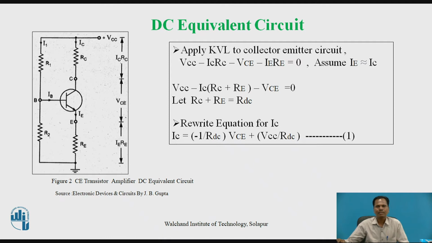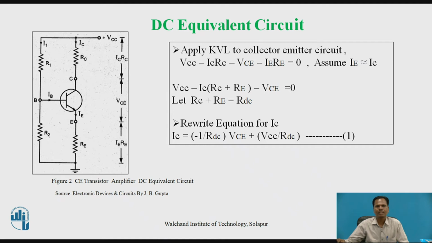As collector current IC is approximately equal to IE, we can assume IC equal to IE, considering the current flowing in the collector emitter circuit is IC. So, we can rewrite this equation as VCC minus IC into (RC plus RE) minus VCE equal to 0. The total load resistance for the transistor in the collector emitter circuit, the output load resistance for the DC collector current, is RC plus RE.